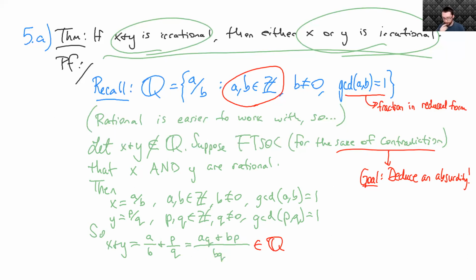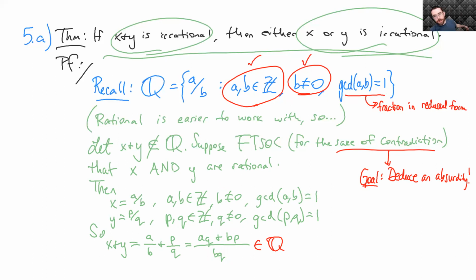Okay, so that part isn't too bad. We would have to argue the denominator is non-zero. Well, what's the only way bq could be 0? Actually, there are two ways. Either b could be 0 or q could be 0, but we've claimed otherwise. So that checks out as well.